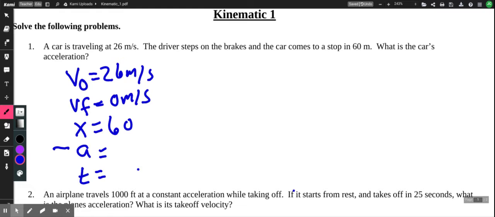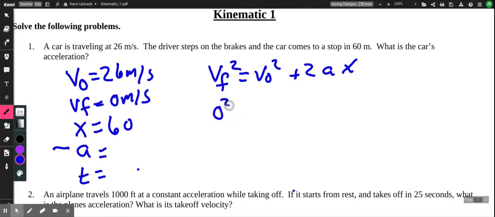Looking at this equation, I think back to my kinematics, and I think immediately of the 3rd kinematic equation. V final squared is equal to V initial squared plus 2 times the acceleration times the displacement. And we have the final velocity, which is 0. We have the initial velocity, which is 26.